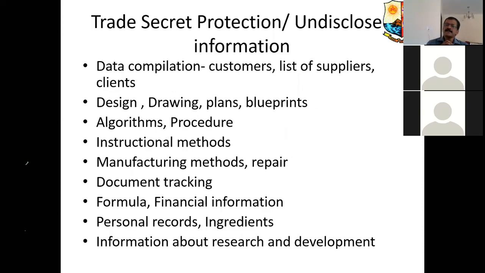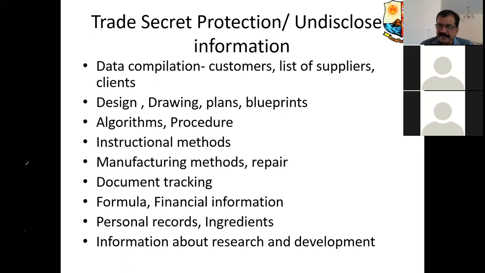Now we'll see some more things about trade secrets and undisclosed information. I told you a trademark is registered, a GI can be obtained by registering, but there is another important area in business that is called a trade secret.